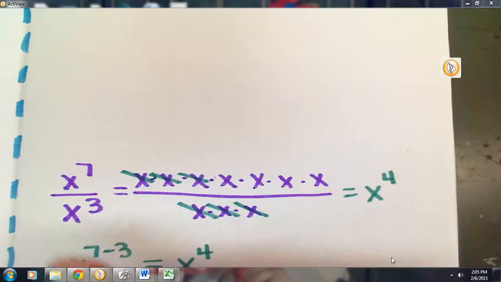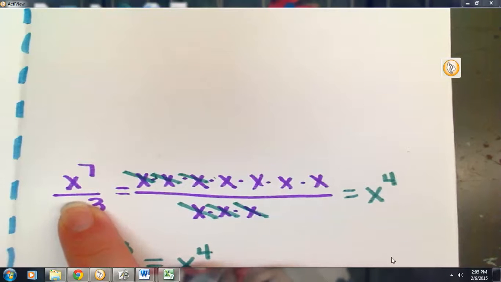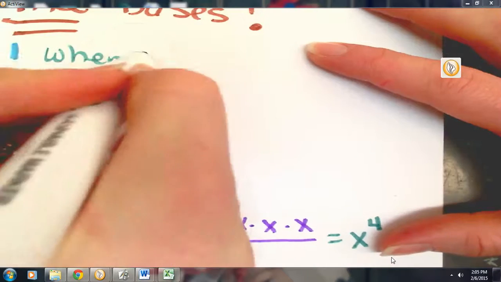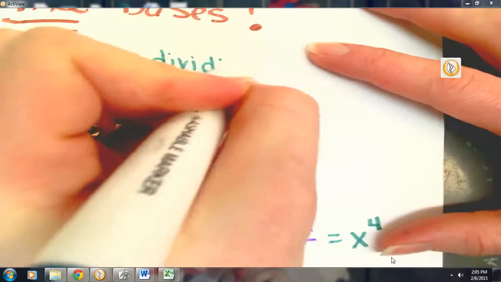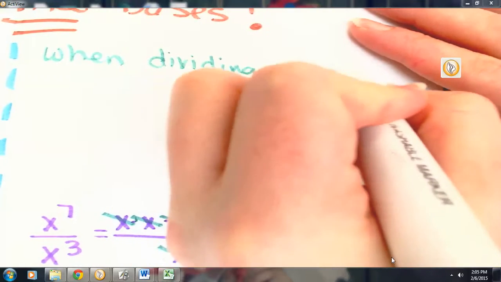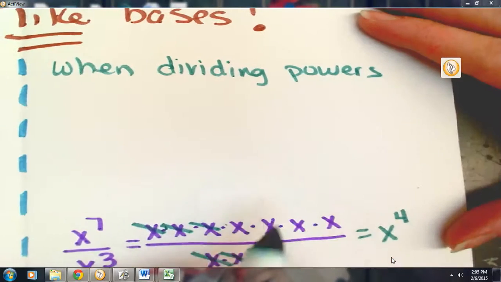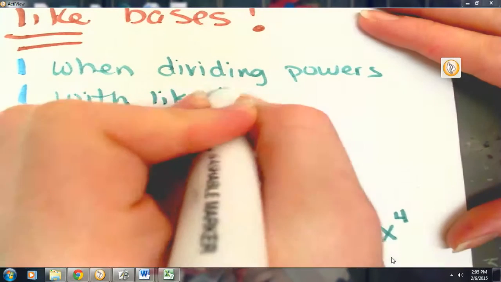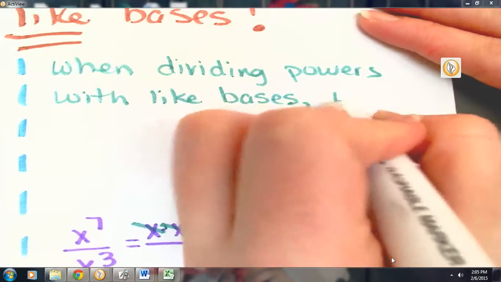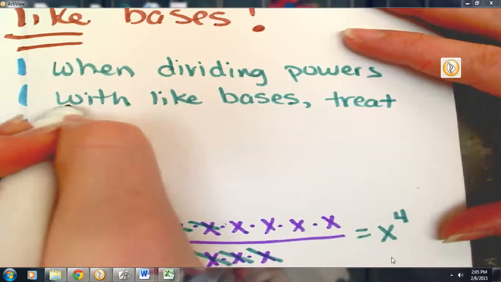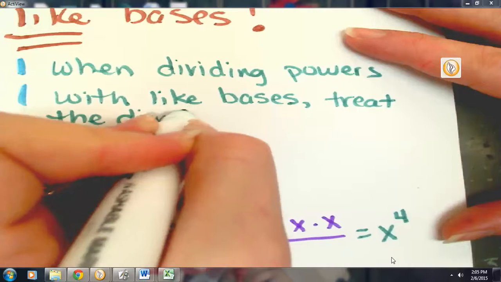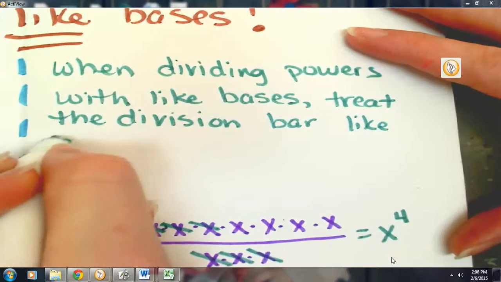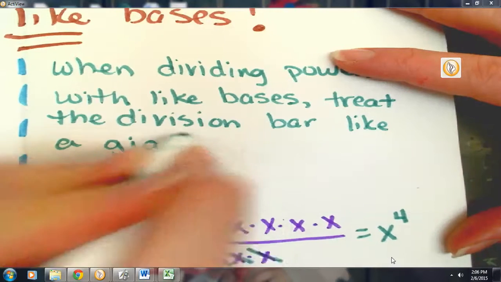This time when we're dividing, this division bar is telling us that we are subtracting the exponent. So that's what we're going to write. When dividing powers with like bases, treat the division bar like a giant subtraction sign.